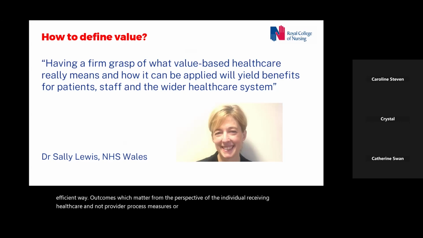This encourages us to focus also on individual preferences for care and ensure that resources are allocated for maximum value. So on the face of it, working towards high value healthcare is clearly a no-brainer, and yet we seem to find it so difficult.